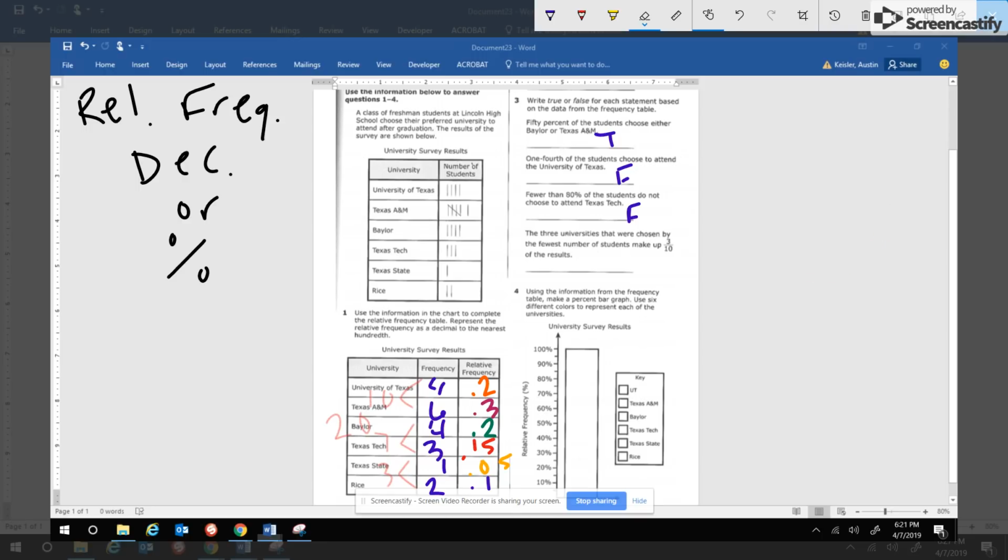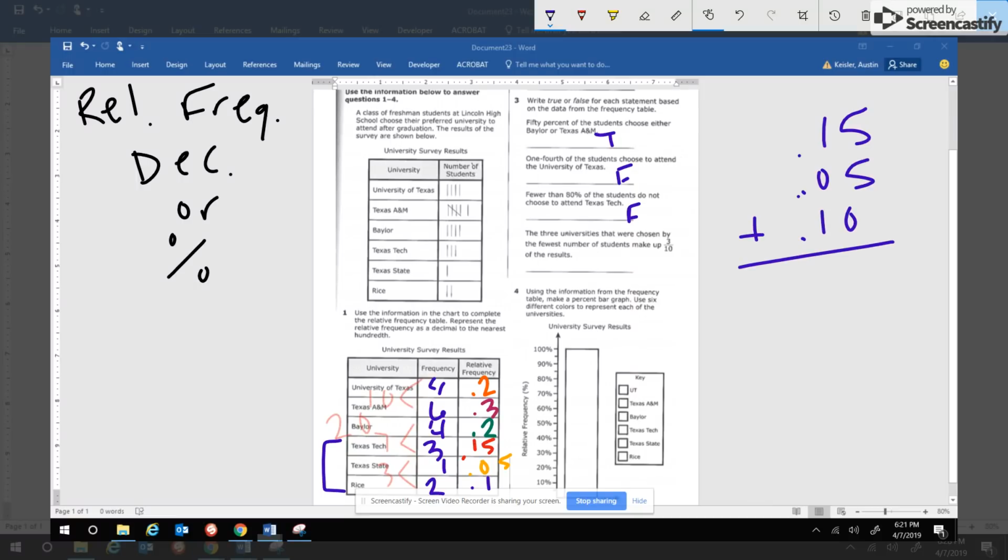All right, our last one says the 3 universities that were chosen by the fewest number of students make up 3/10 of the results. Well, the 3 fewest were our bottom 3 on our table: Texas Tech, Texas State, and Rice. So if we add all those decimals up, I have 15, 5, and 10.